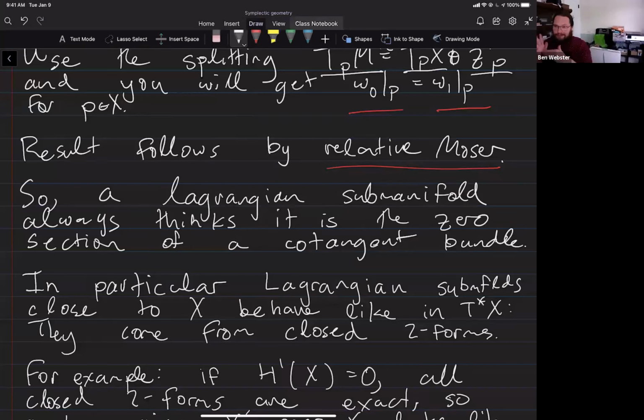Basically, if I fix two Lagrangian complements, the only thing I can do that preserves both of them and is a symplectomorphism is to do one linear transformation of one and the dual linear transformation of the other. So the space of pairs of complementary Lagrangian subspaces looks like the symplectic group of dimension 2n mod the general linear group of dimension n. It's a big space. Yeah, Josh.